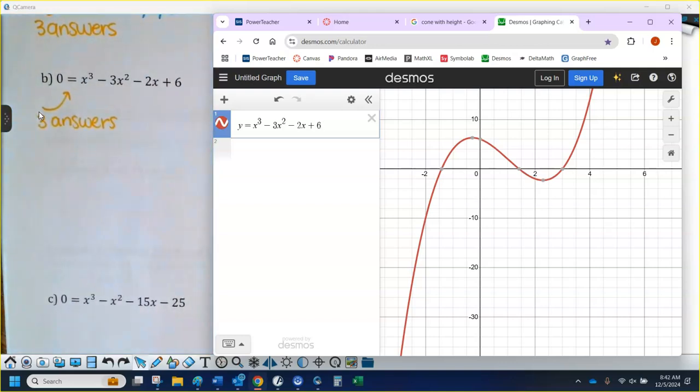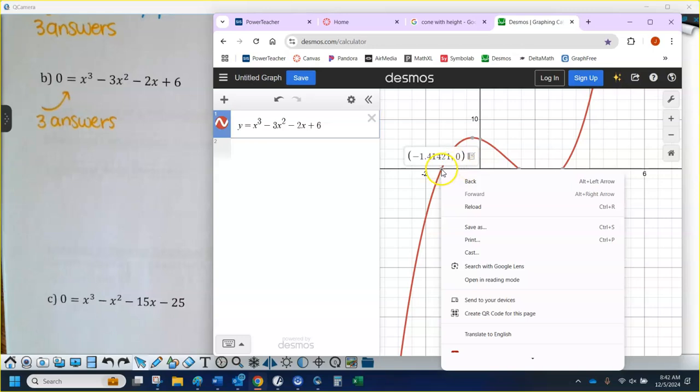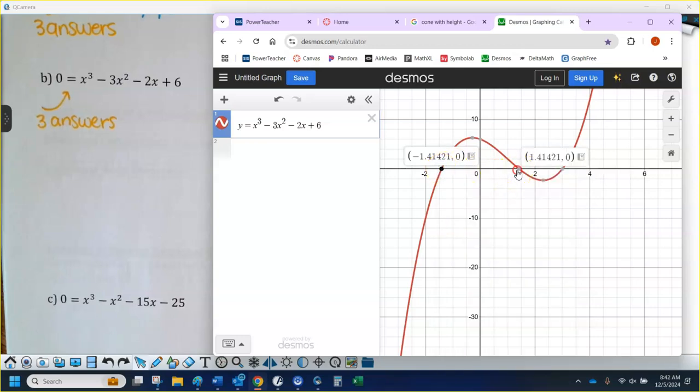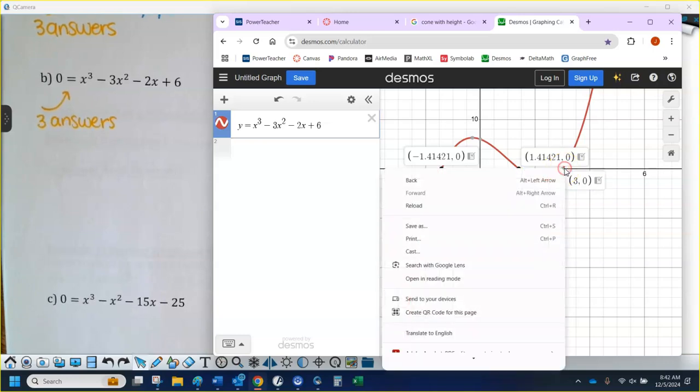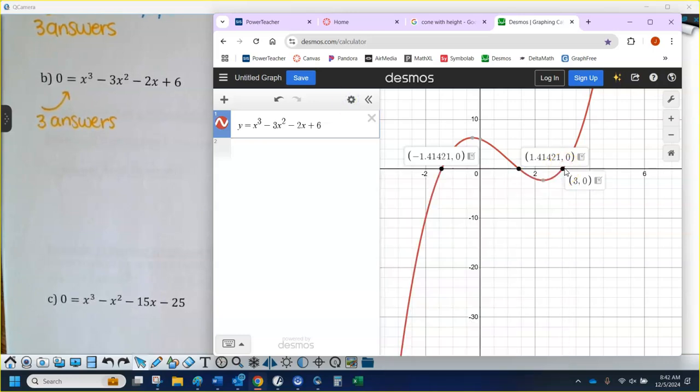And I know this one's going to have 3 answers because my highest power of x is to the 3rd. If you come over here and click on these, if these are nasty numbers, we want, oh my gosh, sorry, I keep left clicking on them. All 3 of them are real. We can see them all on the graph.